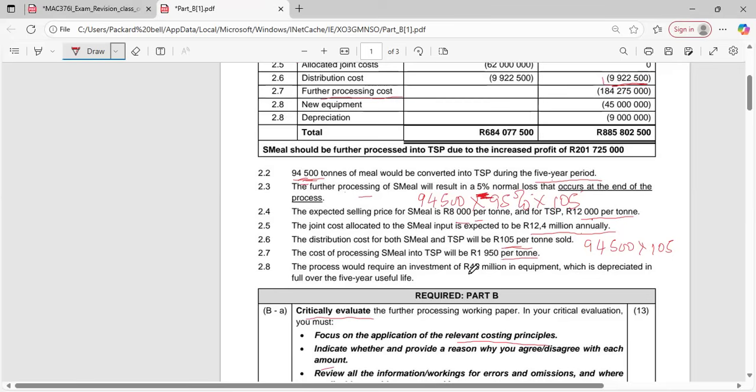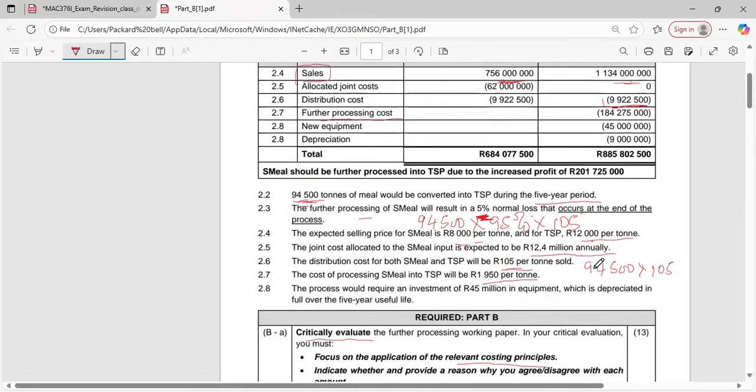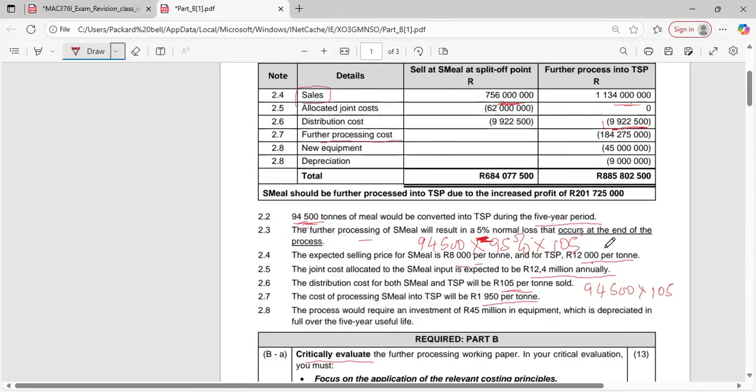So what is going to be our answer there? Is it correct? So how do we calculate the cost of processing S meal into TSP? It will be 1,150 per ton. Then these guys, they say it's 184,275.